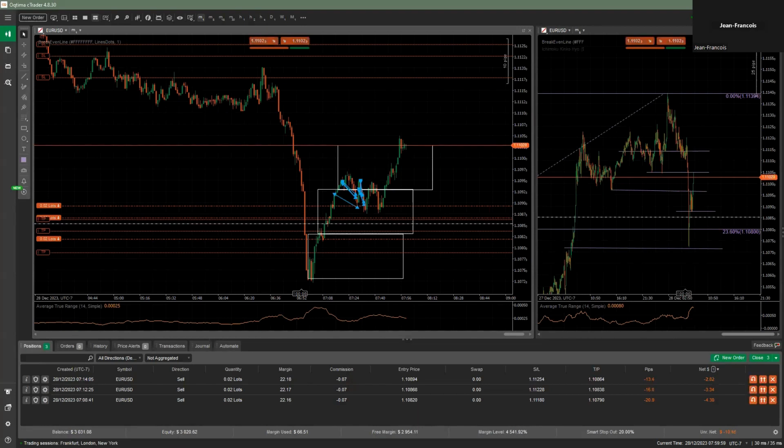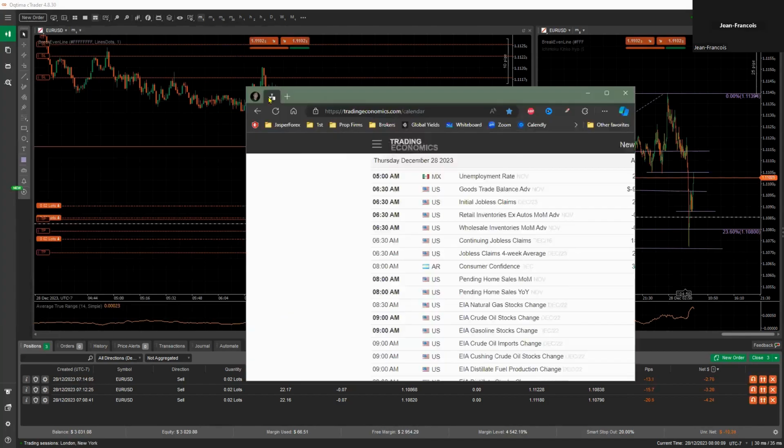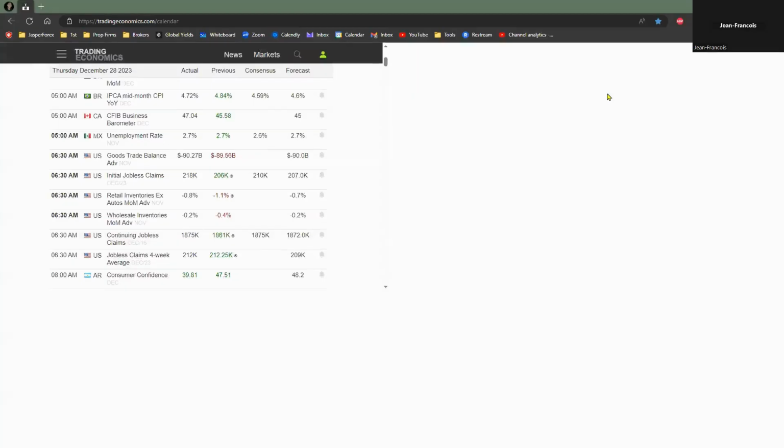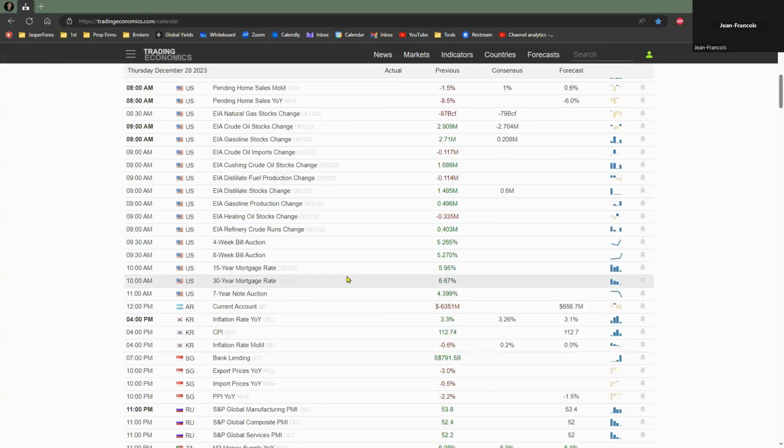So let's go take a look at the calendar real quick, just to make sure we're not stepping in front of oncoming traffic. On the calendar, top of the hour, pending sales, some gas news, oil news. And then that's it.